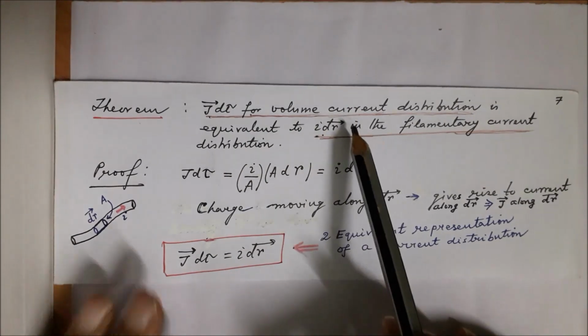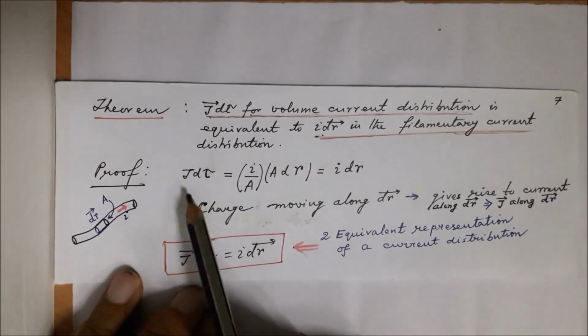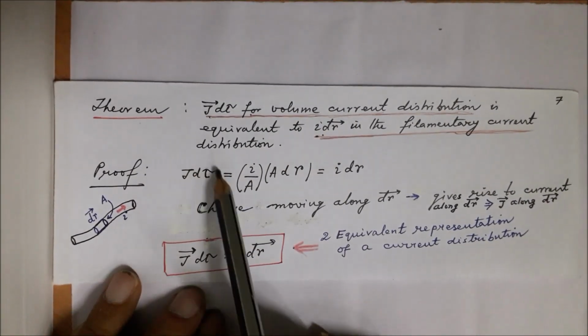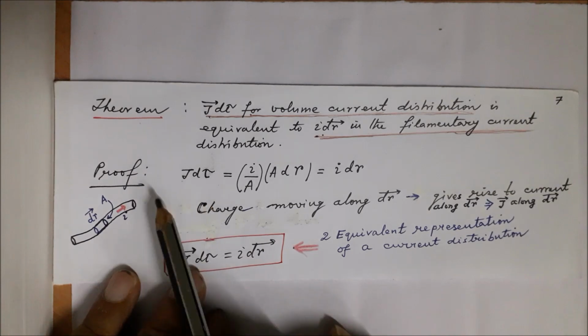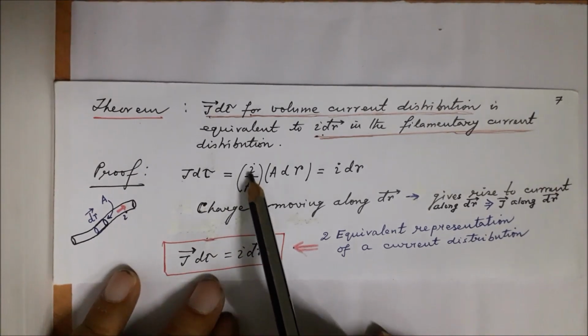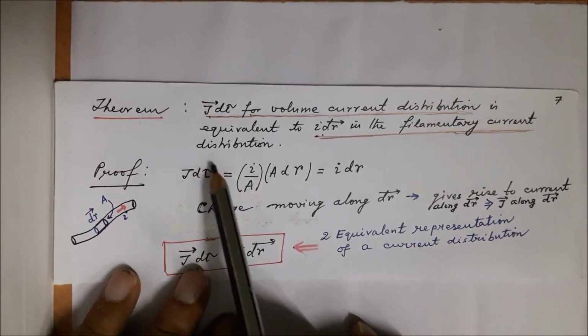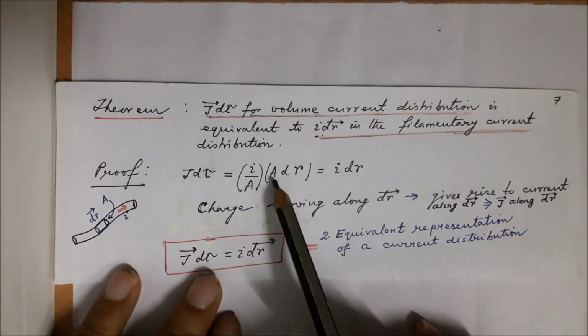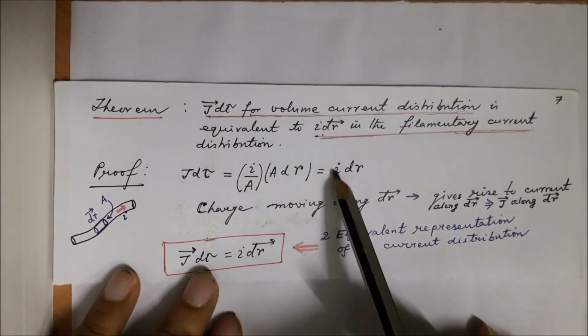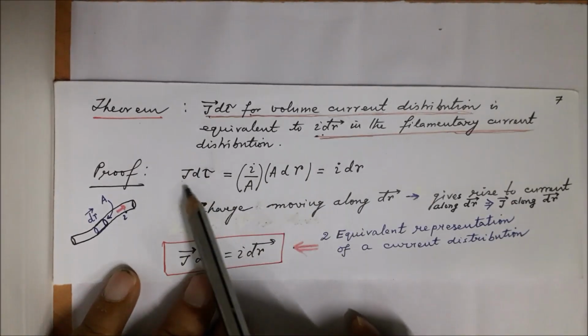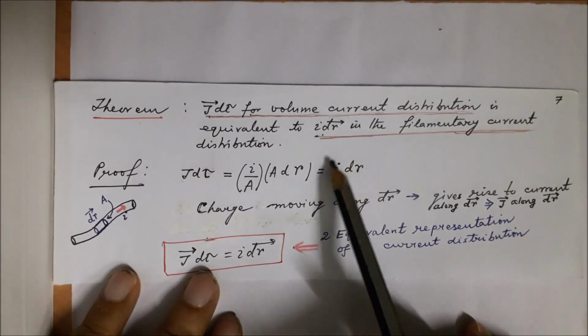Now how is it? Let us consider the quantity j d tau. j represents volume current density, which, as we showed, is I by A, and d tau is the elemental volume, which is actually the product of A into dr, and on cancellation of A we are left with I dr. So j d tau is actually I dr.